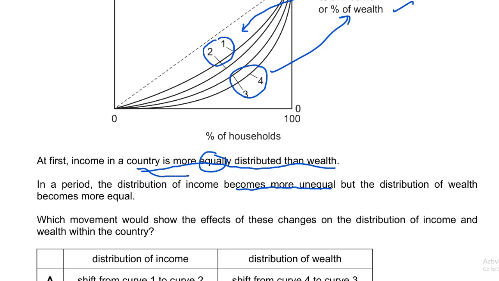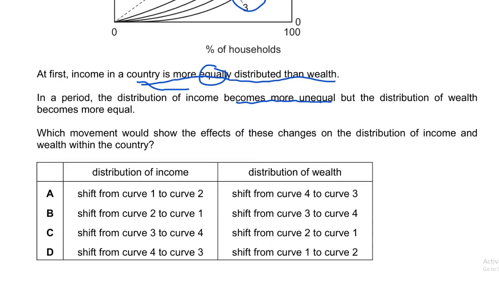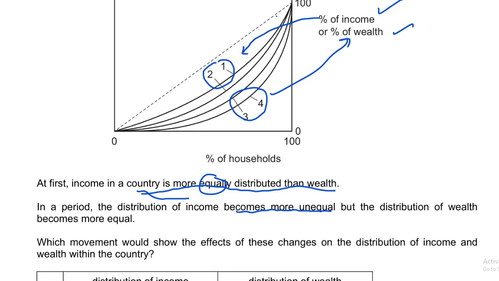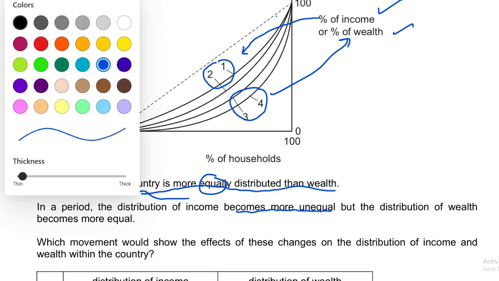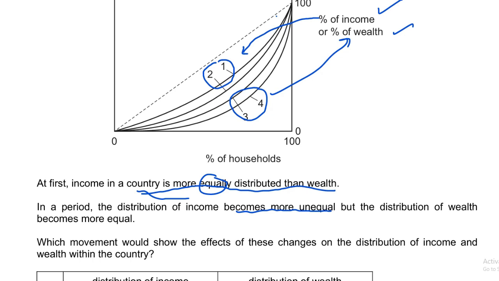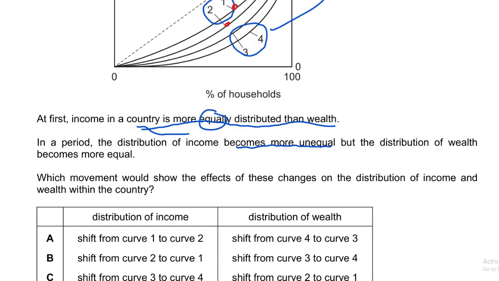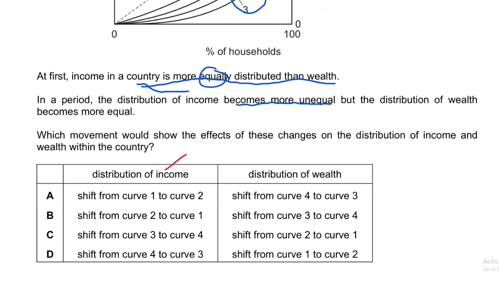If income is getting more unequal, it means we will go away from the 45-degree line. So let me change the color. The closer one was this, and we are getting away from the 45-degree line when we move from 1 to 2. So for income, it should be a movement from 1 to 2. So income distribution shifts from curve 1 to curve 2.